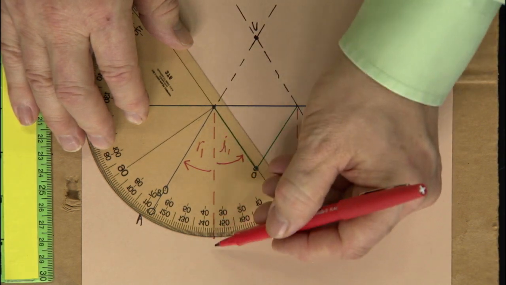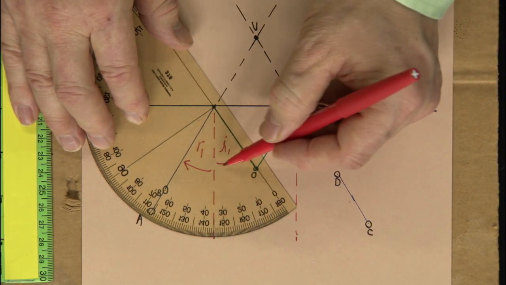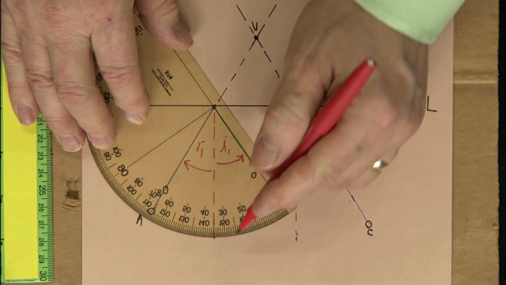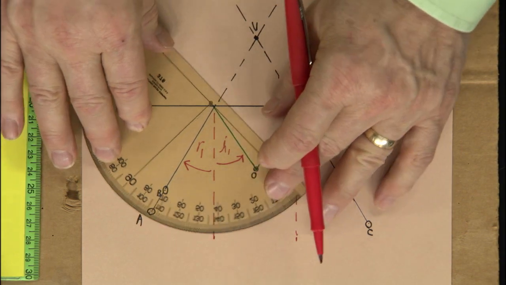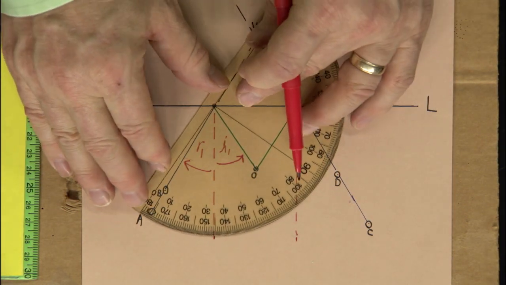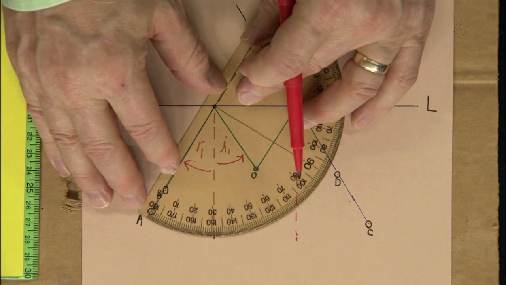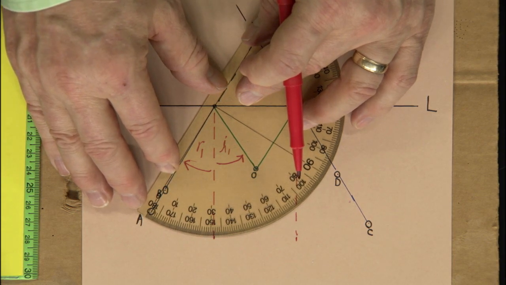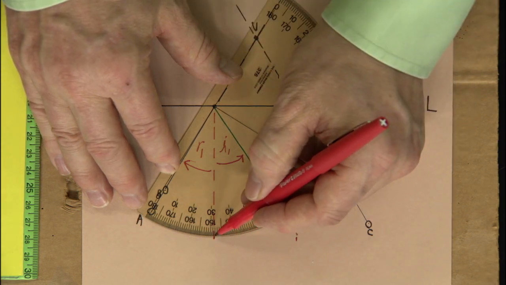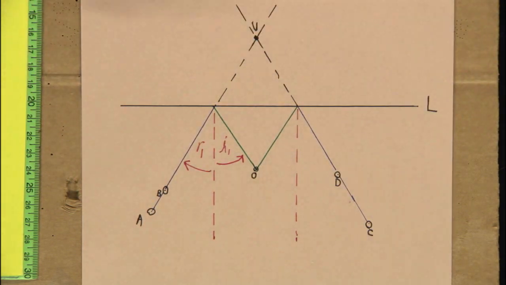And so right here, for that angle, that's the incidence, I'm getting 35 degrees. Now I can flip it on this side and measure with these two long lines here. And I'm getting about 32 degrees.